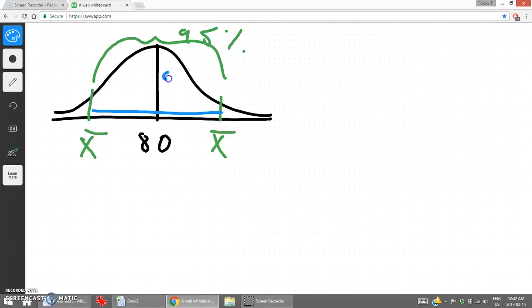So the area in this section would be 0.475. The area on this section would be the same. The Z value that corresponds to that area of 0.475 is 1.96. So now we have our Z formula. The only thing we don't know is the sample mean, the X bar value.